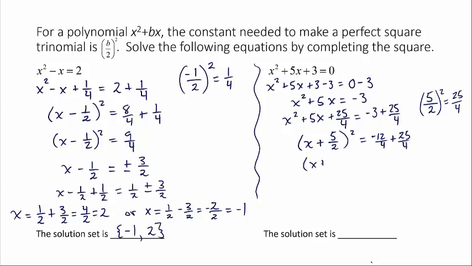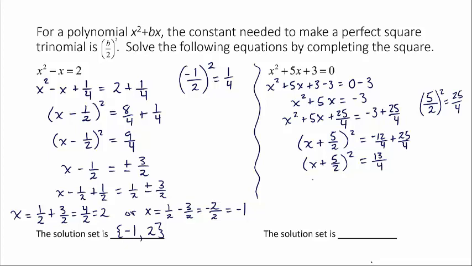So that will be x plus 5 over 2 quantity squared equal to negative 12 plus 25, which is 13 over 4.